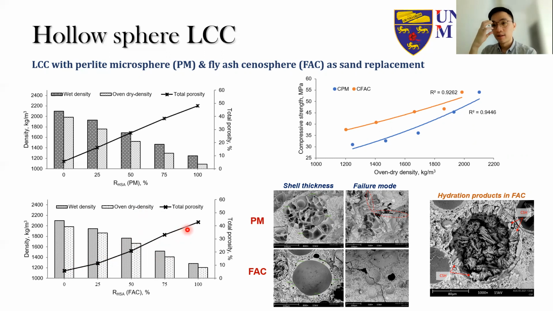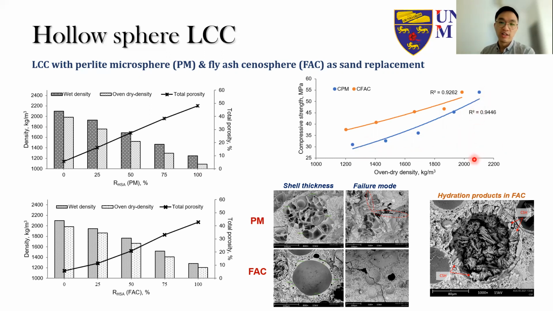Okay, when we put in more of this hollow sphere, because of the hollow structure and the air contained inside the hollow sphere itself, this actually increases the porosity and therefore reduces the overall density. But interestingly, we can see even when we increase the replacement of sand with the hollow sphere from 0% to 100%, naturally the density will be reduced.